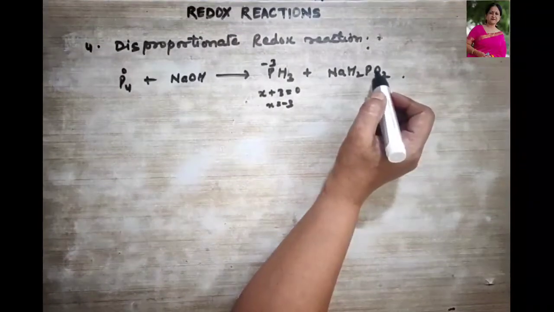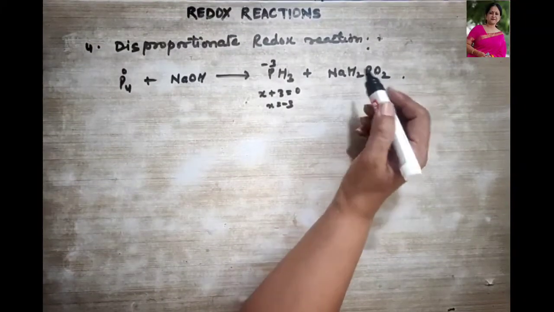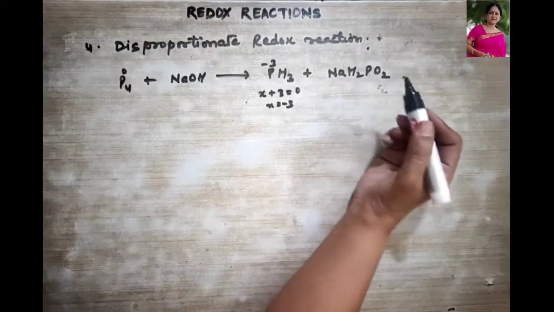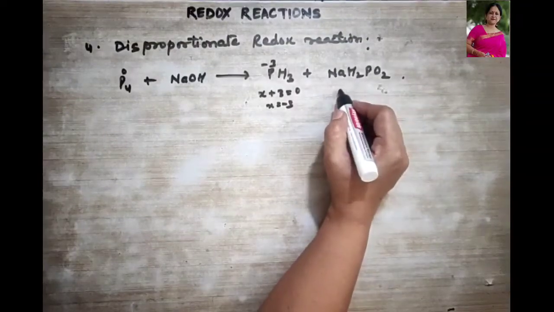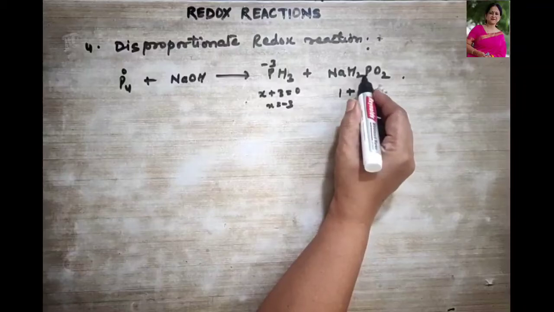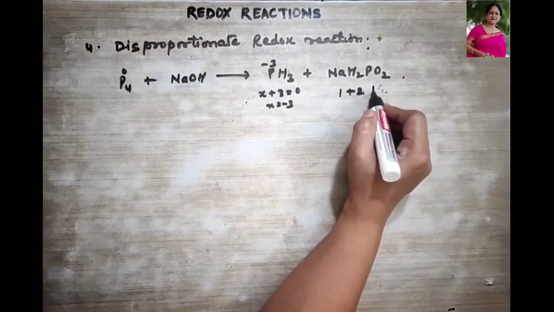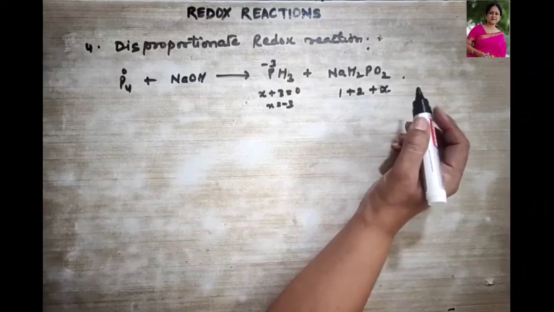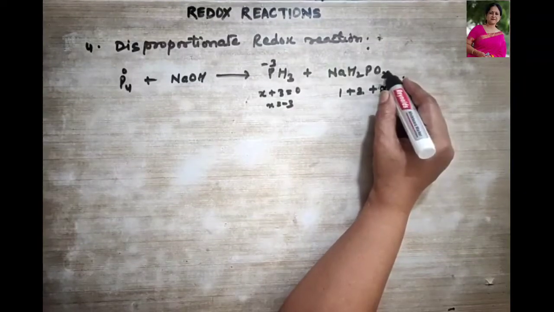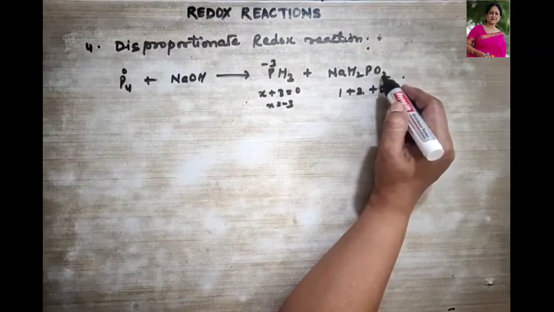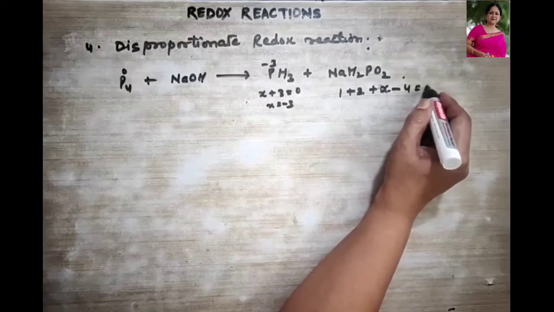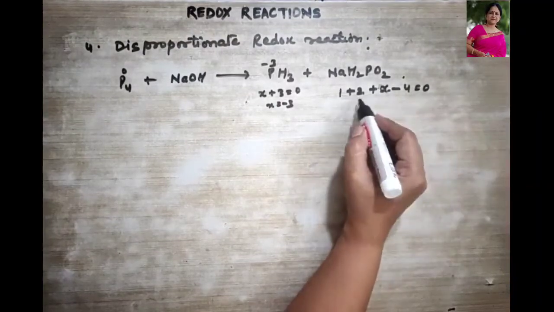Okay, where else is phosphorus? Over here. So let's see the oxidation number of phosphorus over here. Sodium is plus 1, hydrogen is plus 1 into 2, plus phosphorus we have to find out, minus 2 into 2, minus 4, all this is equal to 0.